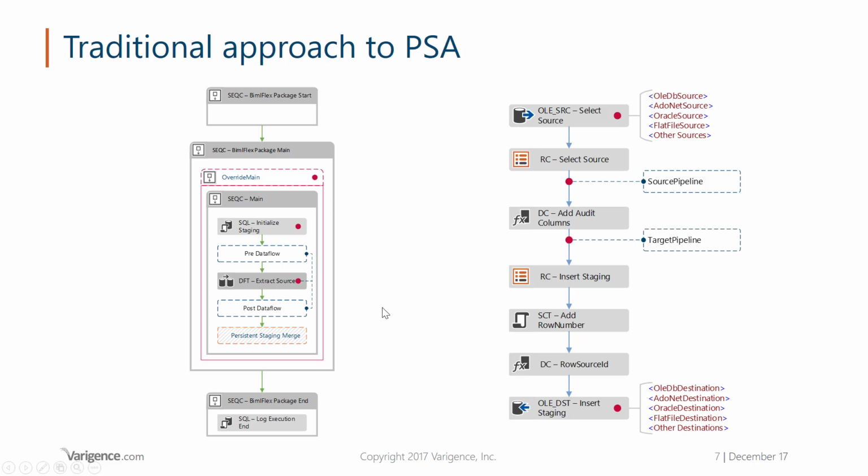And this is just a cut down version of a template we use for BimlFlex. We're going to read data from our source, maybe count some rows, add some auditing columns, maybe add some row count, and then insert it into a staging table. Then we will use the staging data, or the delta, and merge it into a persistent staging database.